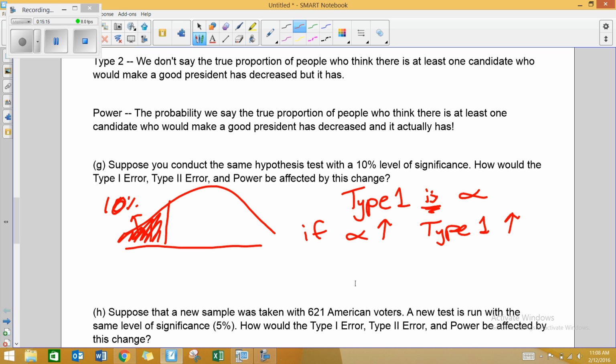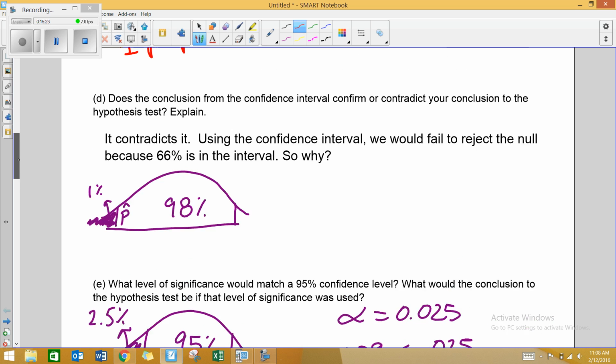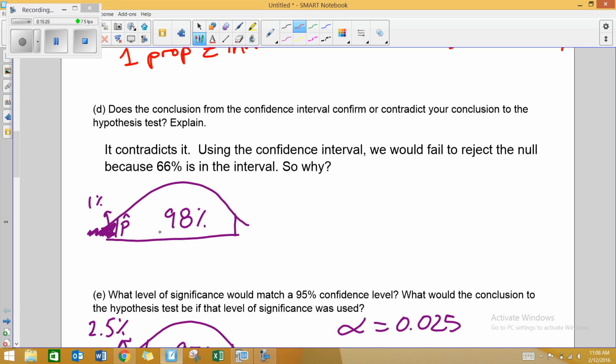And we'll notice here, if we come back up to the confidence interval idea, at 98% confidence, that means that 98% of all possible p-hats that we would fail to reject are in that region.